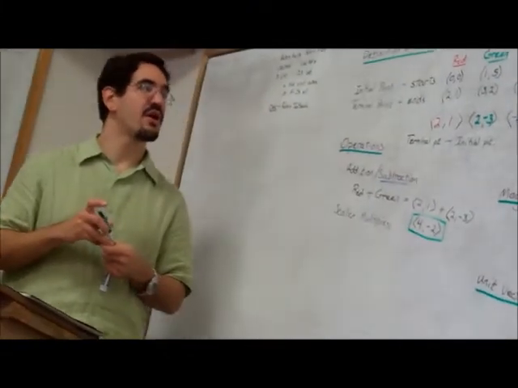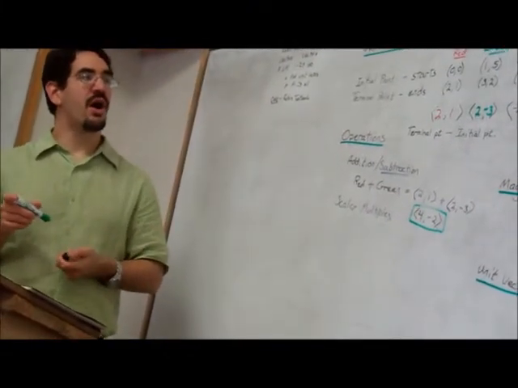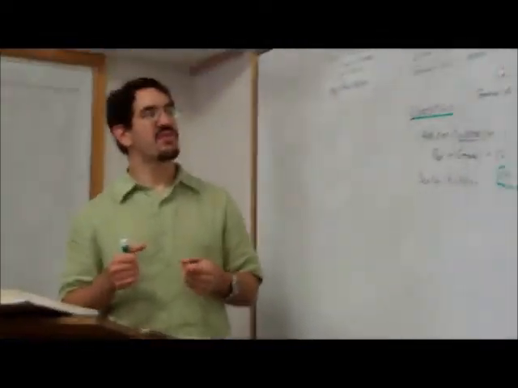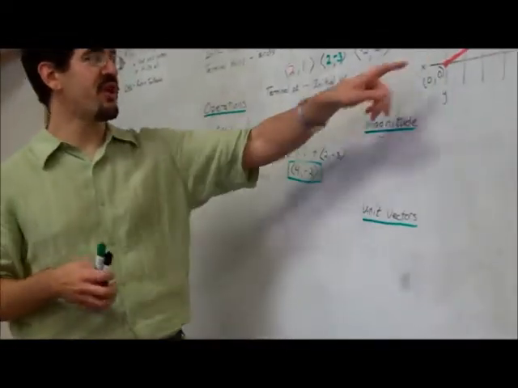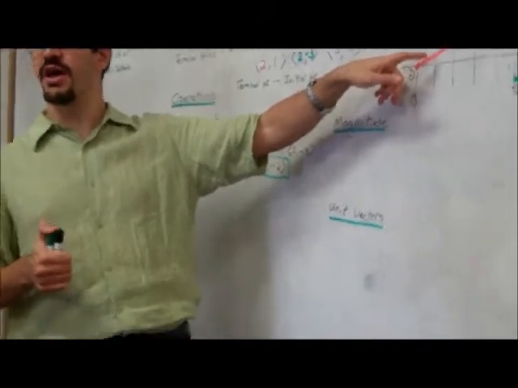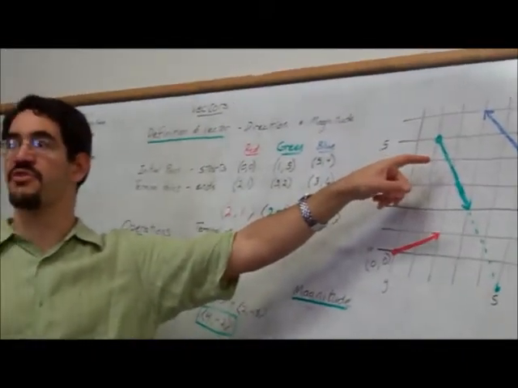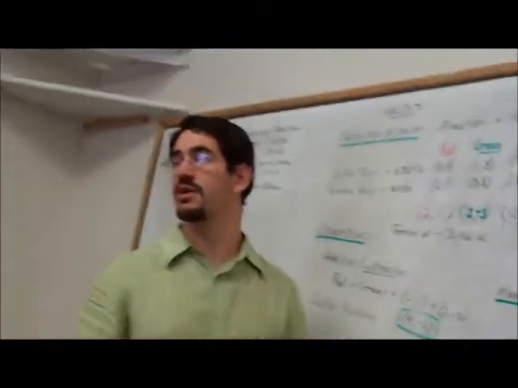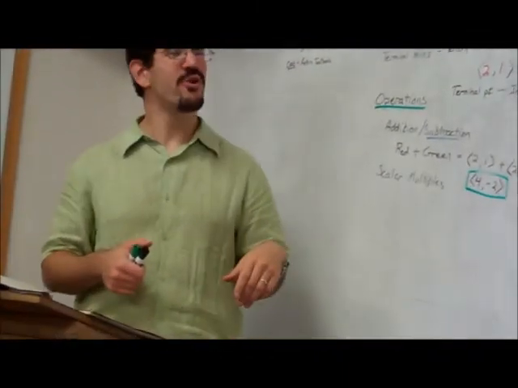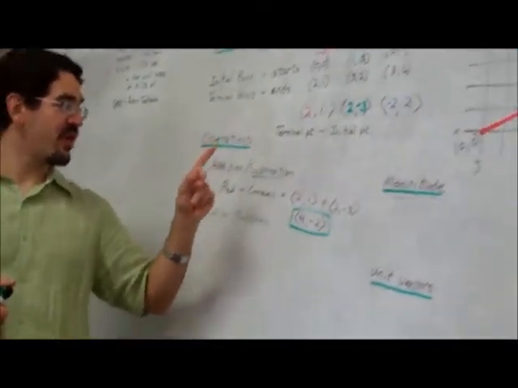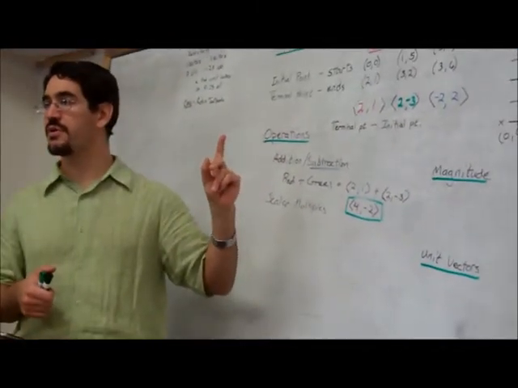That's addition. Now what if I was going to take the exact opposite force of this red vector and push on this object at the same time as this green vector is pushing on the object? How would I do that? I want to push on the object with the opposite of the red force.